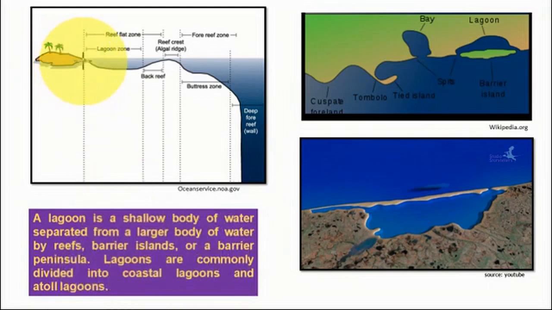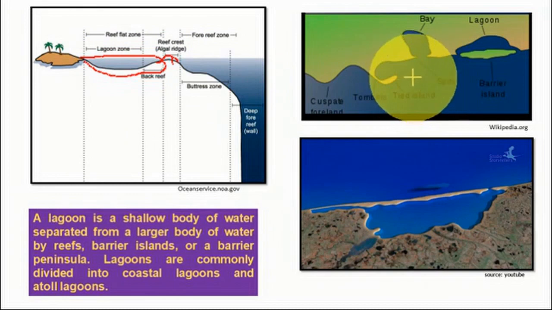So here this lagoon is a small water body forming a lake, and it is separated by a reef crest. This reef crest is formed from an algal ridge. The source is algae. So this algal ridge separates this water body from the main water source, and this is now a lagoon.